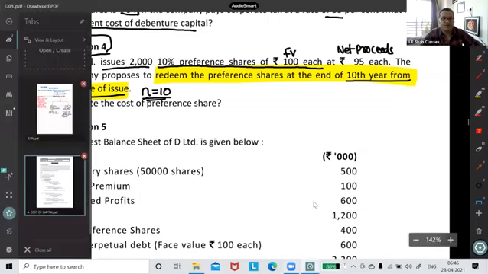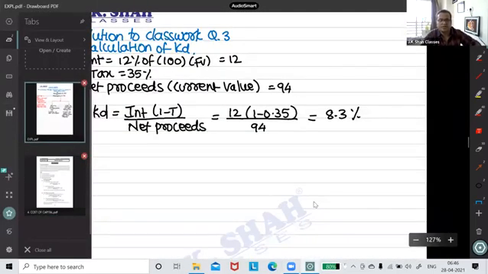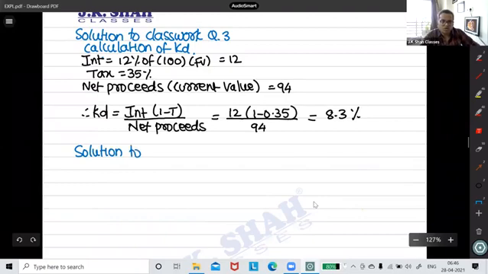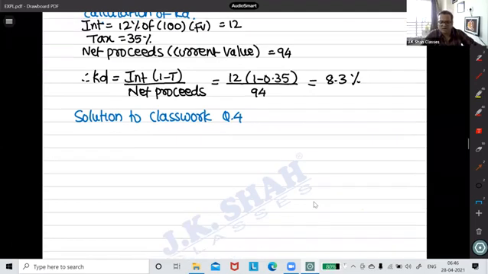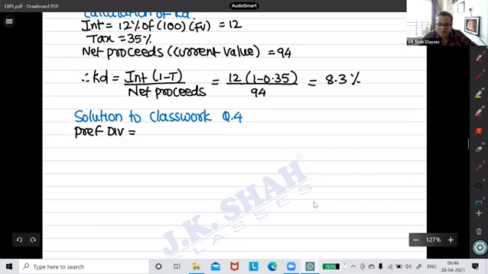Okay, so let's come to the solution to classwork question 4. Let's gather all the data, guys. What is told? Preference dividend.